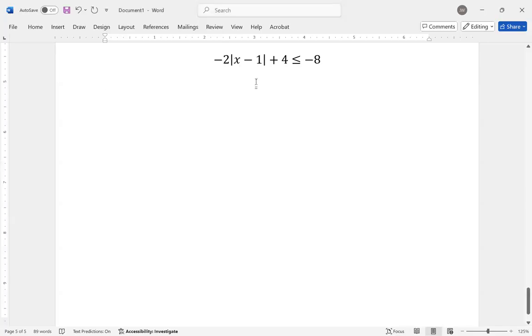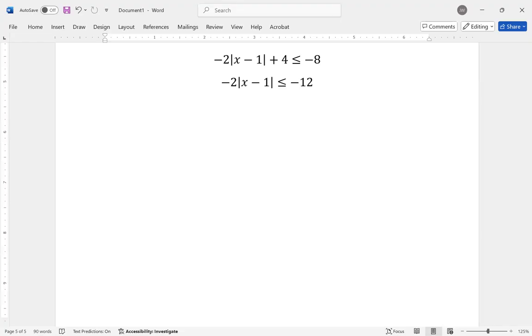In this one, to isolate the absolute value, the first thing I would do is subtract 4 from both sides. So that would give me -2 times the absolute value of x minus 1 is less than or equal to -12. Again, -8 minus 4 gives me a -12.